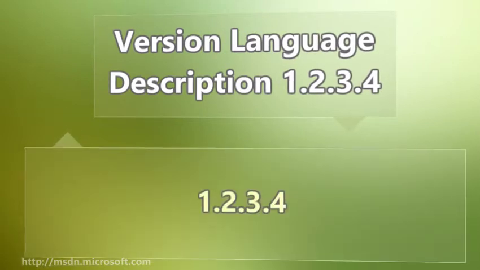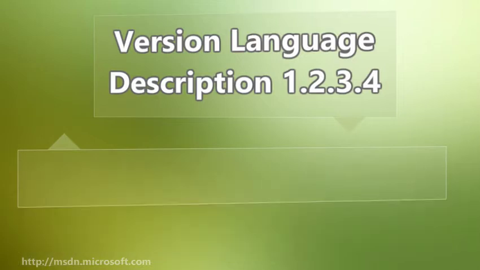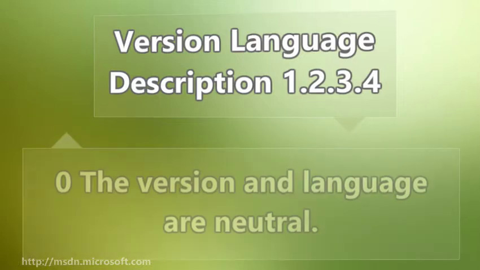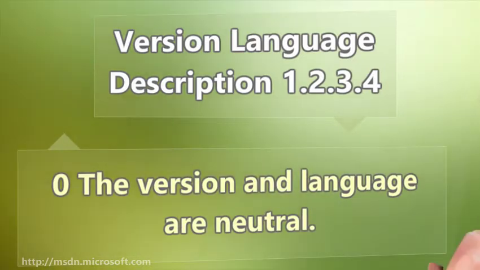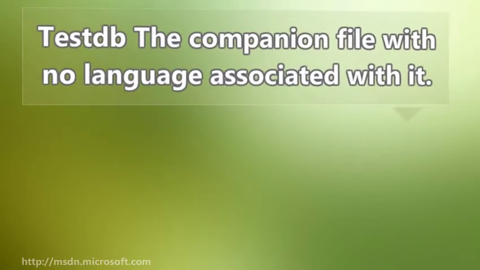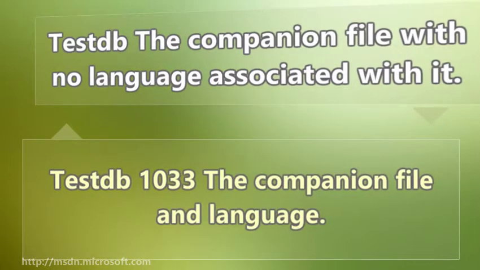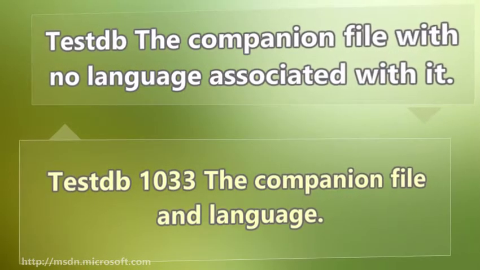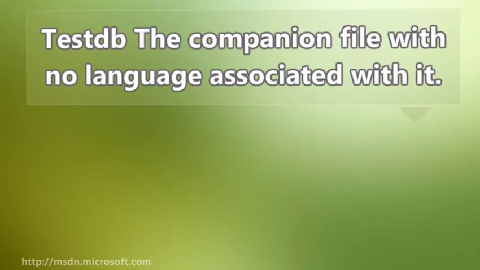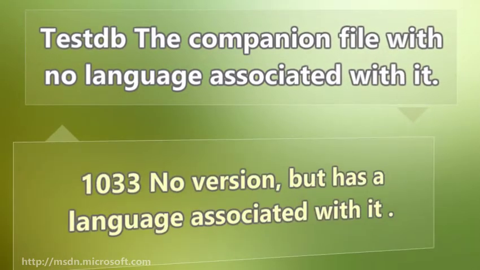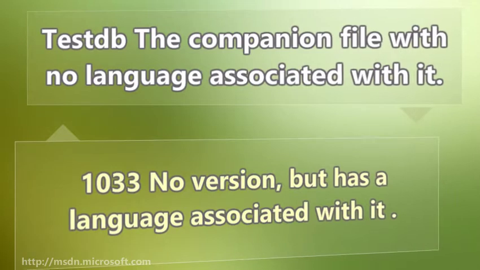Version 1.2.3.4, language null: neither the version and language are neutral. Companion file with no language associated with it. Companion file and language 1033. No version, but has a language associated with it.